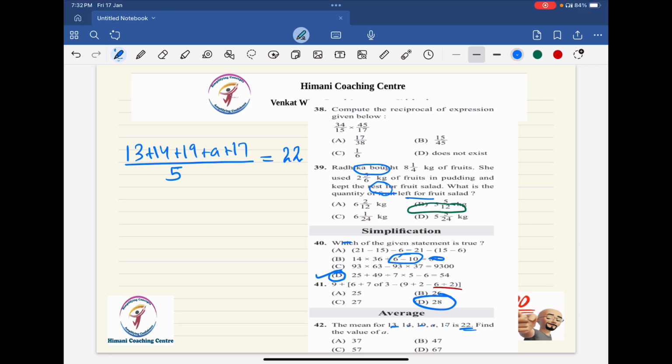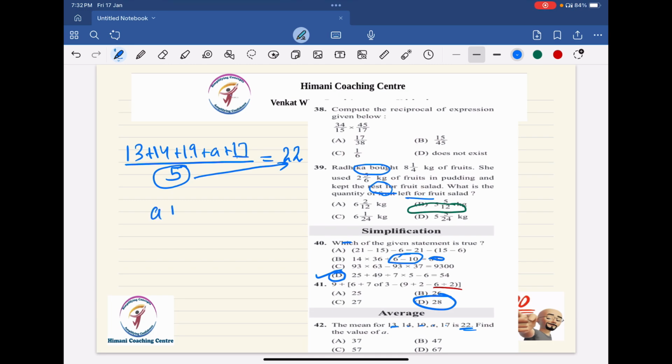Okay, kids. Now this 5, you can just bring it here and multiply with 22. Okay. So now let us do 13 plus 14 is what? 27. 27 plus 19 is 46. 46 and 17 is 63.